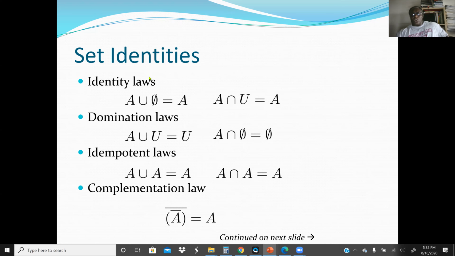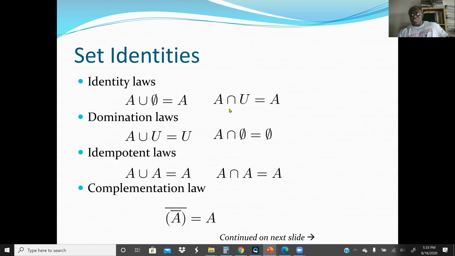So for the identity laws, we say A union 0 or null, the answer will be A. Also A intersect universal, the answer will be A. What we're trying to say here is that if I have a set A and I union it with the empty set, there's nothing in that set, so the answer will be A.